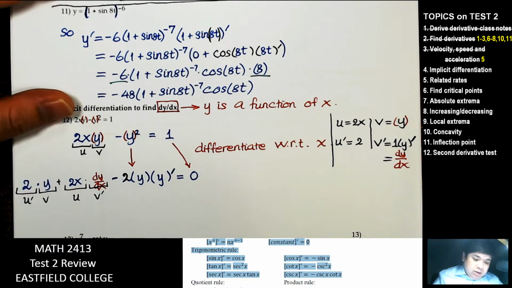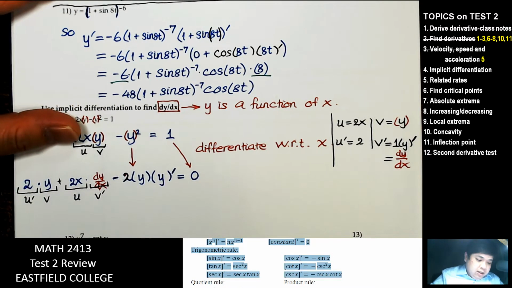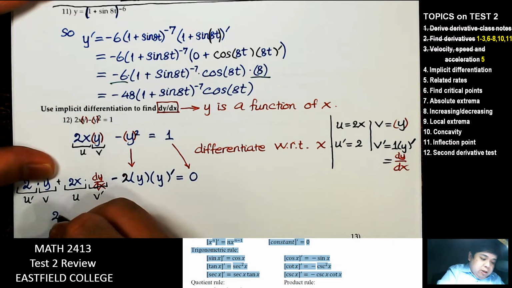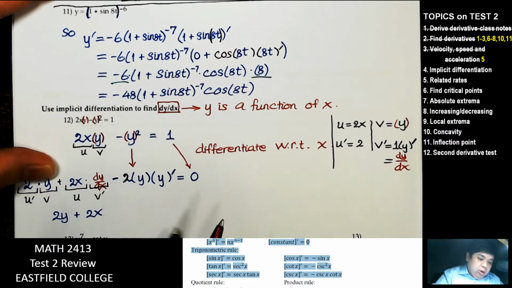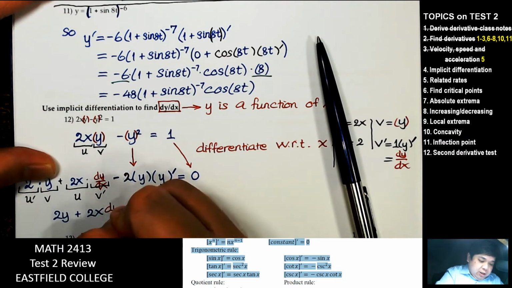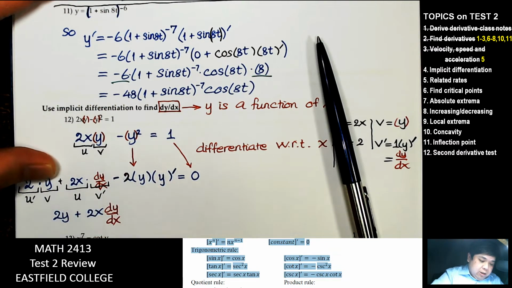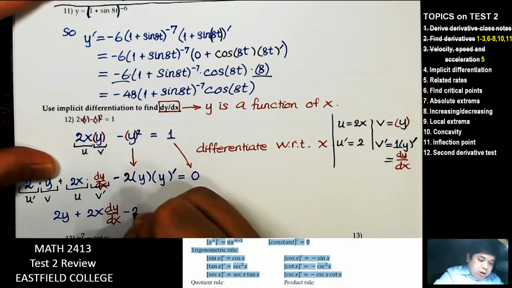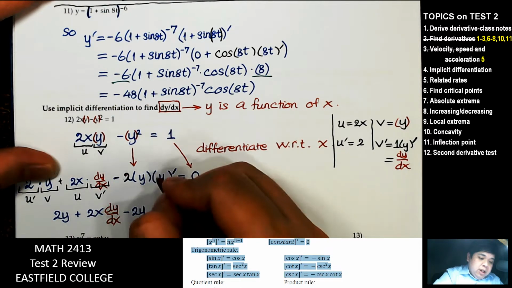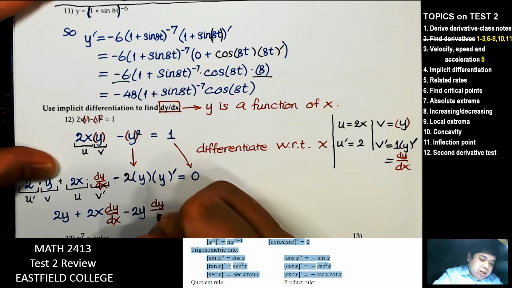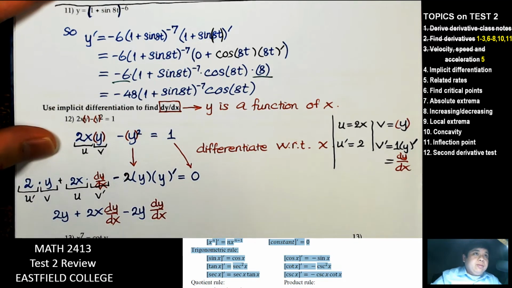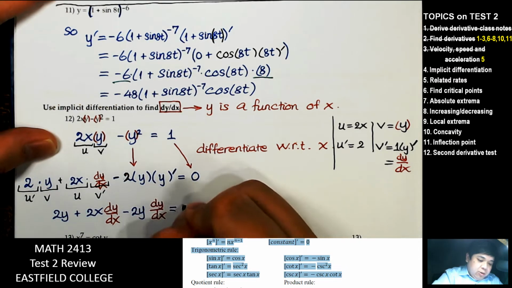Right, so let me rewrite that. 2y plus 2x dy over dx minus 2y. This y prime, of course, is just dy over dx, equal to 0.